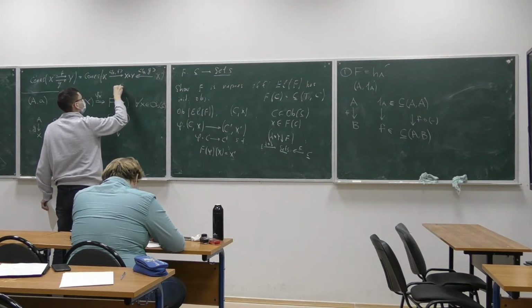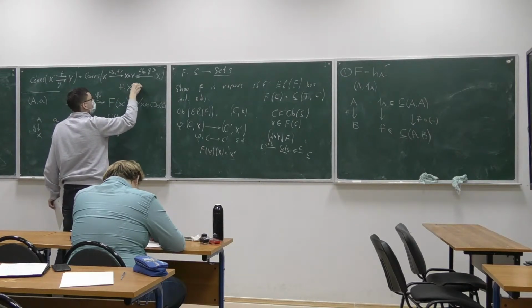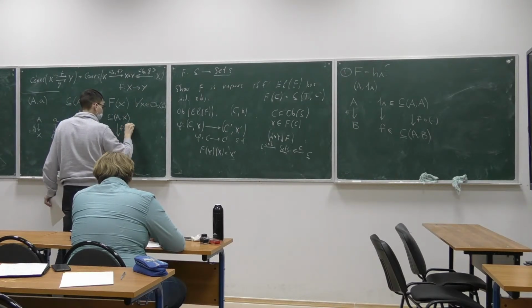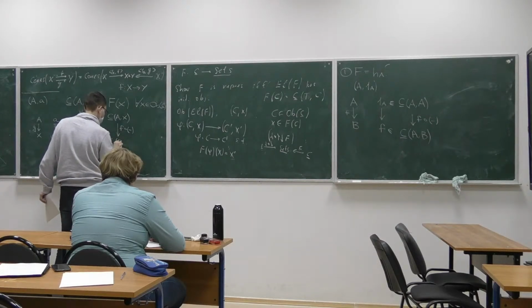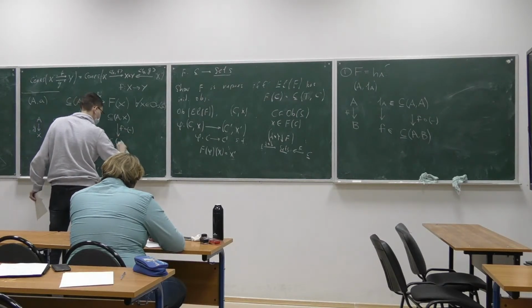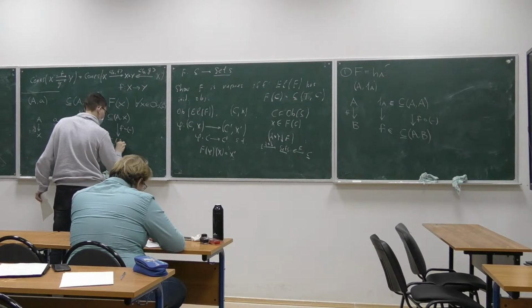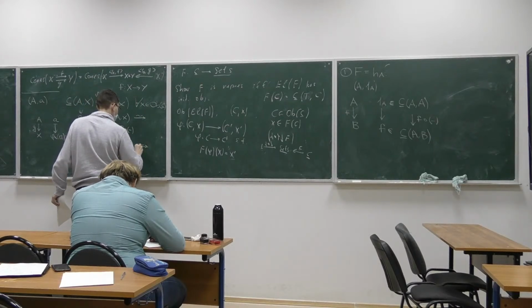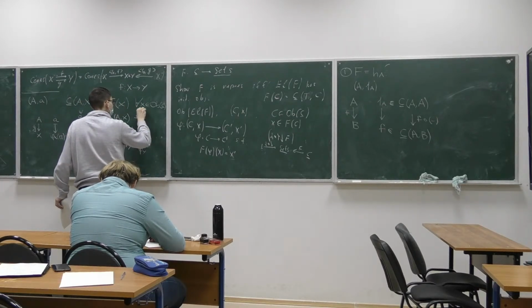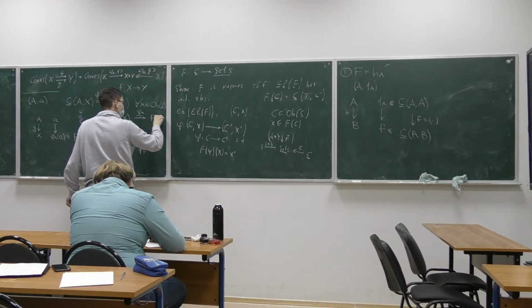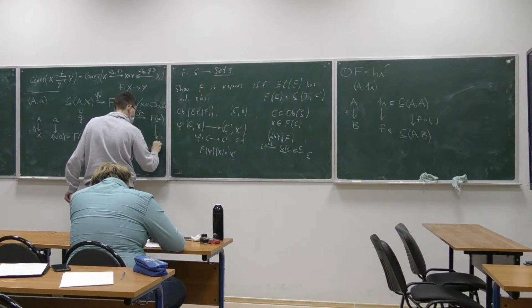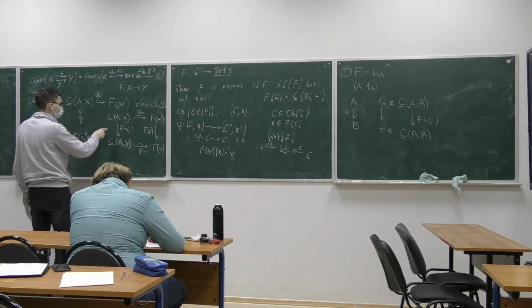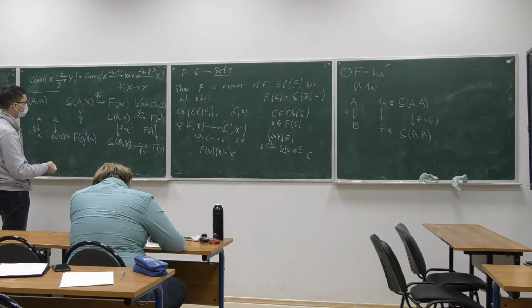I have two lines here, and I would like to show that this square is commutative.